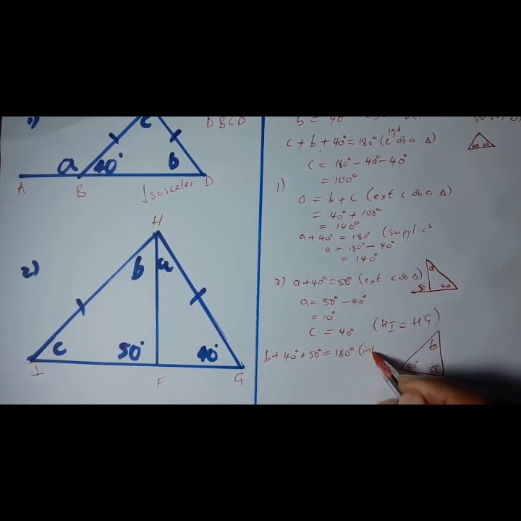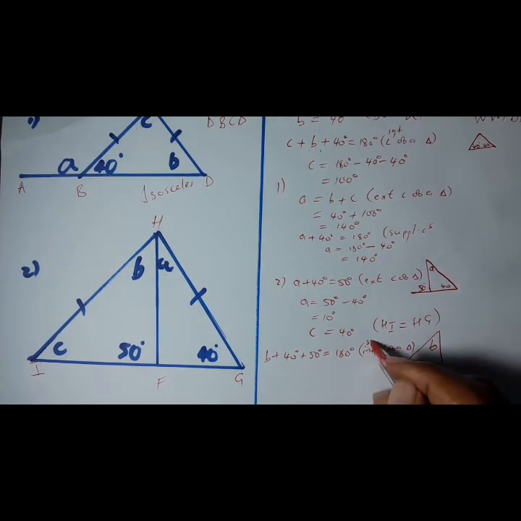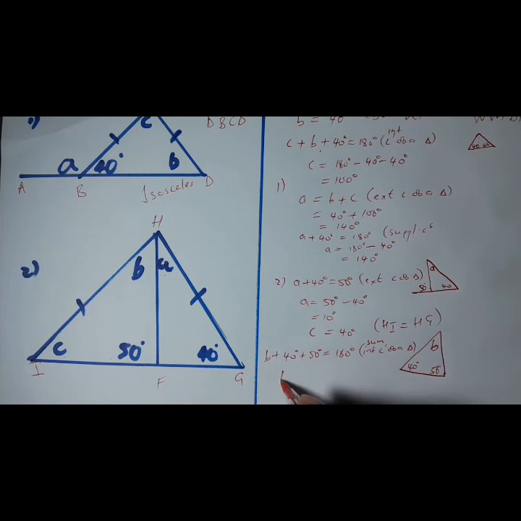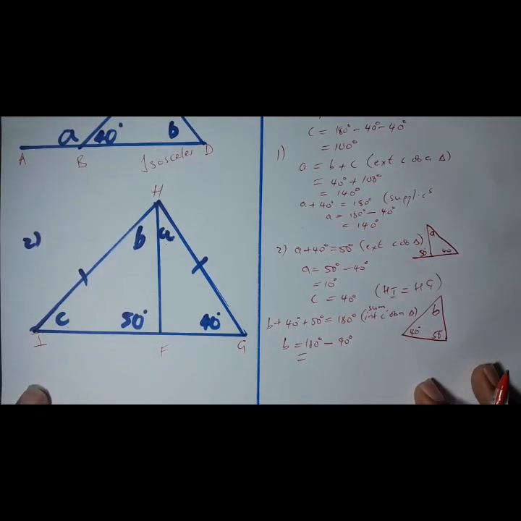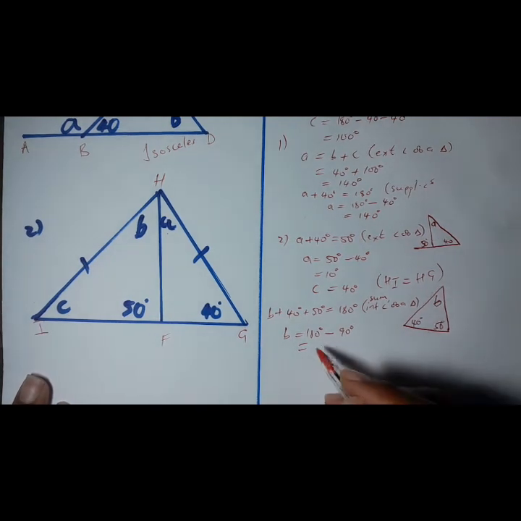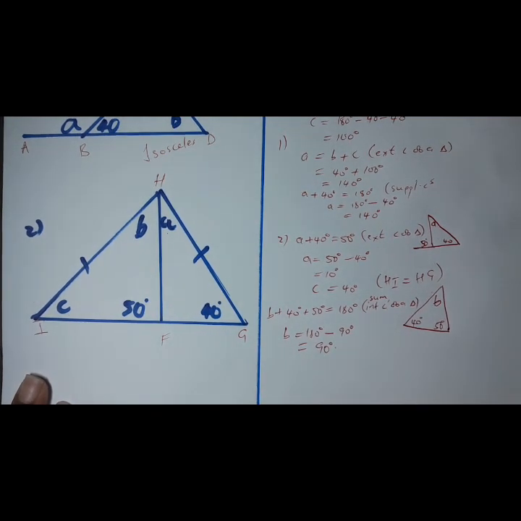These are interior angles of a triangle. We call it the sum of interior angles of a triangle. Now 40 plus 50 will give you 90 degrees. That simply means that our B is 90 degrees.